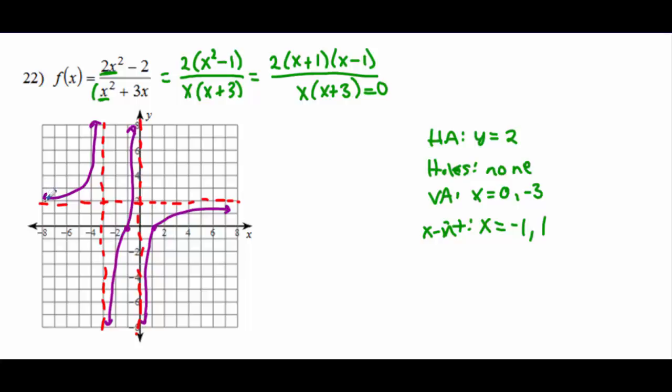What should happen in general is, on either side of a vertical asymptote, they should be at opposite ends. Like on the left side of this one, it's on top, right side it's on bottom. Left side of this one, it's at the top, right side it's at the bottom. Very rarely will they both go towards the same thing. It can happen, it just doesn't really happen a lot.